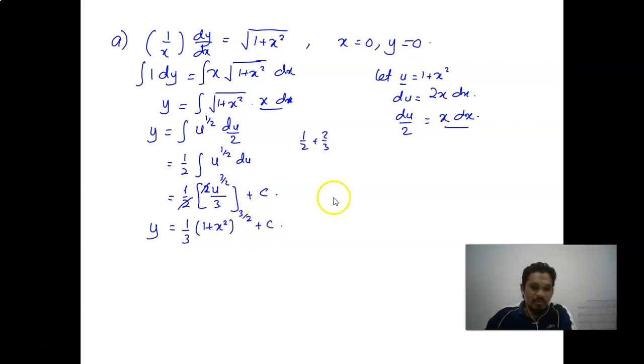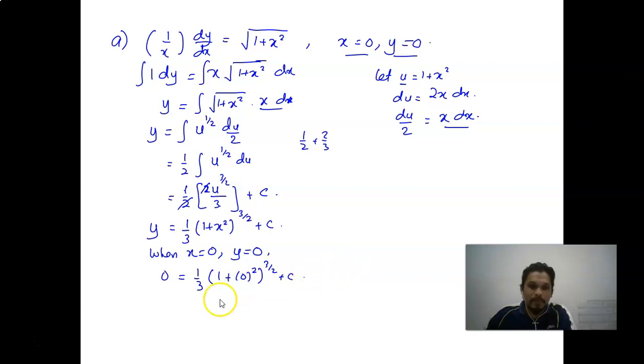So it's time for us now to substitute y equal to 0 and x equal to 0. When x equal to 0, y equal to 0: 0 equal to 1 over 3, 1 plus 0 squared to the power of 3 over 2, plus c. 0 squared is 0, 1 plus 0 is 1, and 1 to the power of 3 over 2 is still 1, times 1 over 3 is 1 over 3 plus c, equal to 0, where c equal to negative 1 over 3.